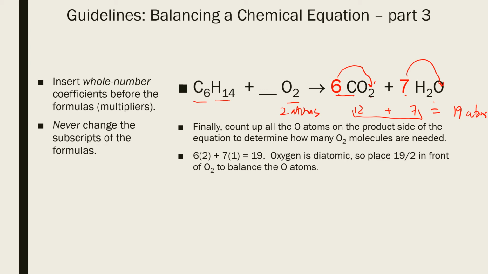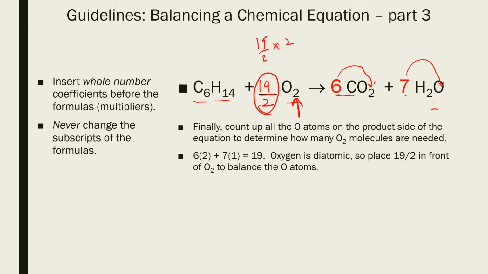Okay, so now that's a tricky situation. Why is this tricky? Because now we need to get the reactant side to be equal to 19, right? The only way I can get 19 here is if I multiply this side by 19 by 2, because there is already 2 here.